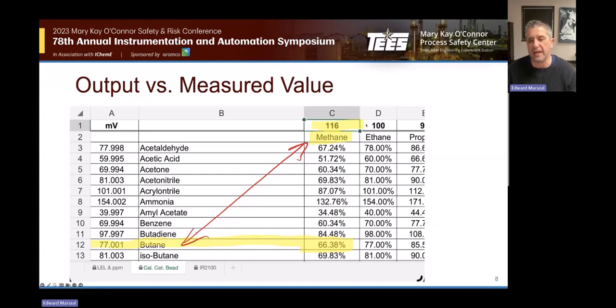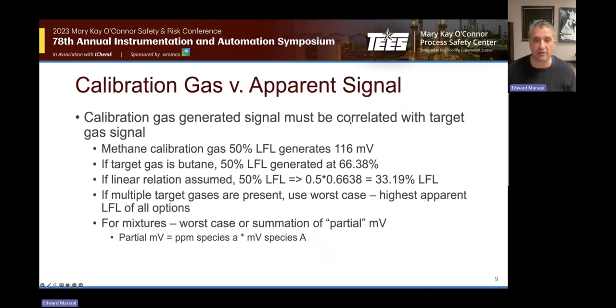But the same concentration of gas is going to provide different millivolt values depending on what the target gas is. So if you calibrate with methane, you're going to get a different value for butane. If you calibrate with butane, you're going to get a different value for methane. So now, how does that work? How does the calibration of gas versus the apparent signal change the values?